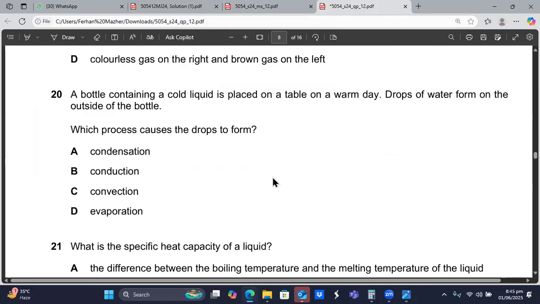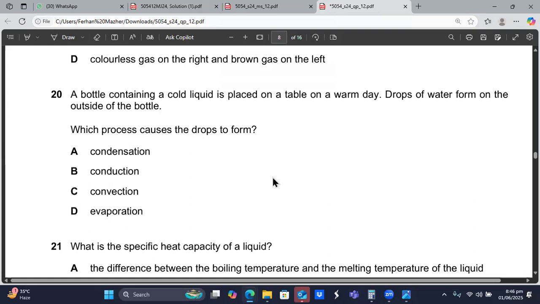You see, if the bottle is cold and you put it outside, in the air we have water vapors in the gaseous form. When they come in contact with the outer skin of the bottle, because the outer skin is cold, they start condensing on the surface of the bottle.